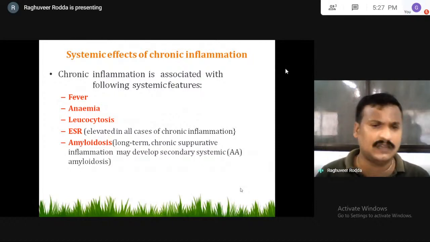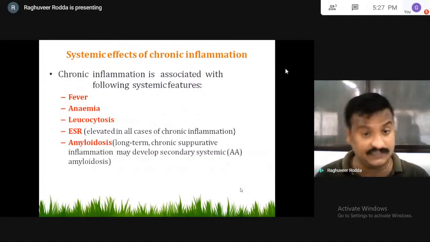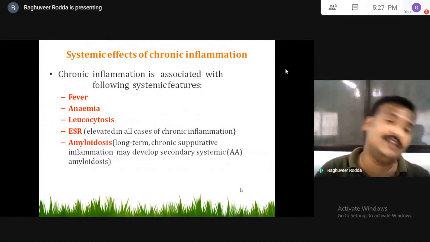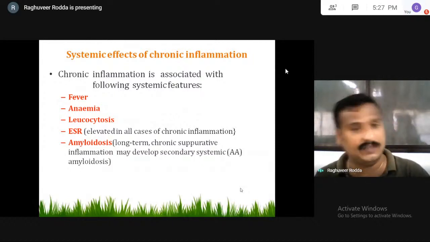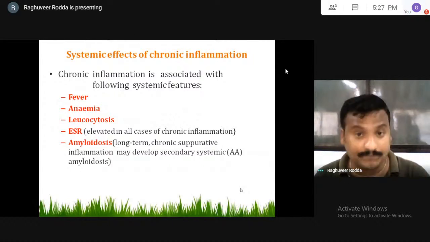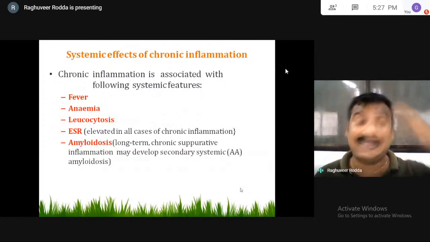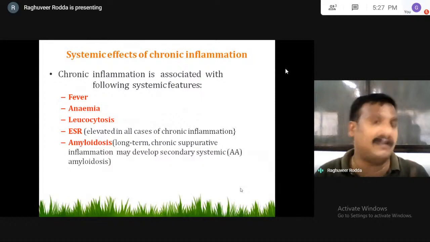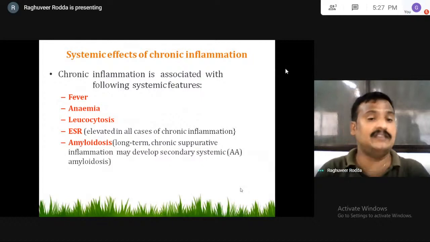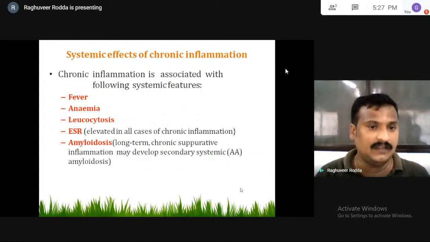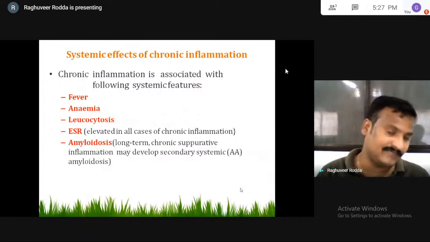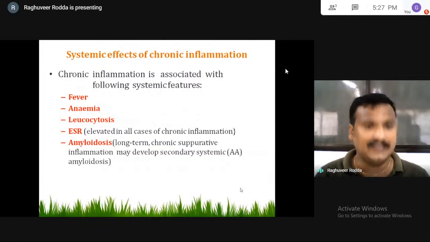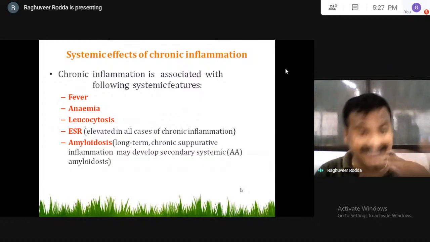And how will chronic inflammation be identified? What is the difference between acute and chronic inflammation? When you have a fever and a severe anemia condition, when there is a smaller number of healthy RBCs, it is called anemia. Leukocytosis, and elevated ESR, the erythrocyte sedimentation rate, is increased.